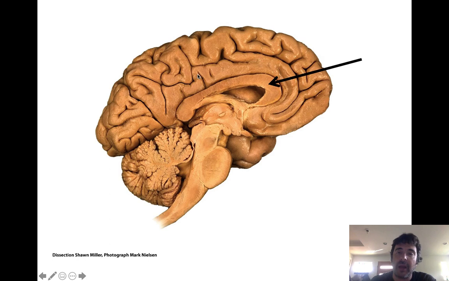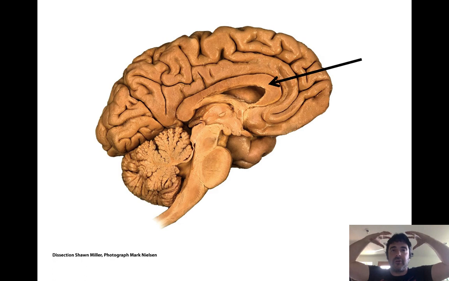Now, when we're mapping out the brain, right, we've got that basic functional mapping. And we have our left hemisphere of the brain and the right hemisphere of the brain, and oftentimes the functional areas of the brain are symmetrical, meaning that there's a motor cortex in the left and a motor cortex in the right hemisphere of the brain.